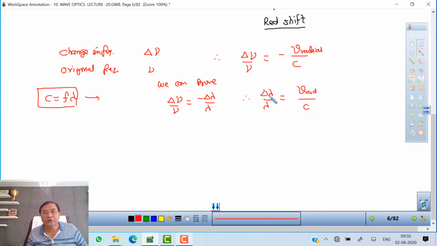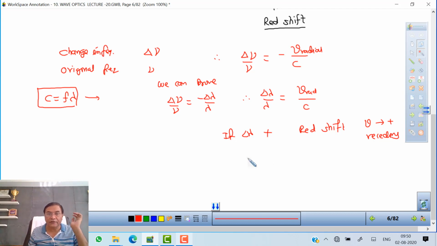So if delta lambda is positive, it means redshift, and V is taken as positive, meaning receding. So receding velocity, take positive, remember.